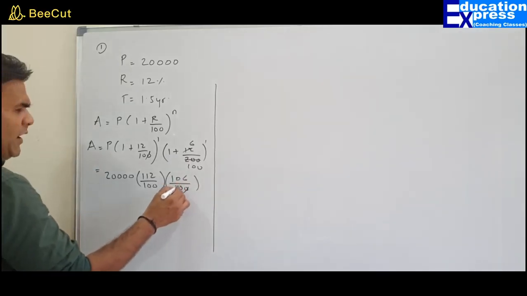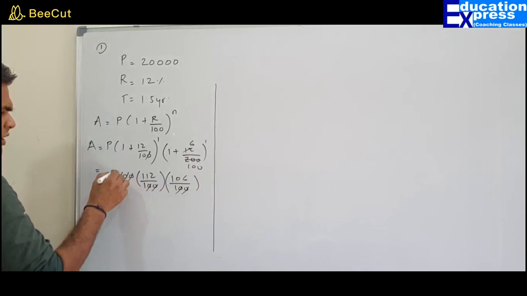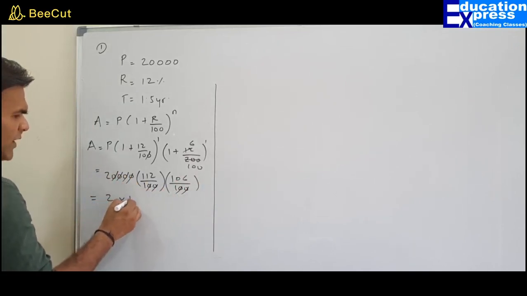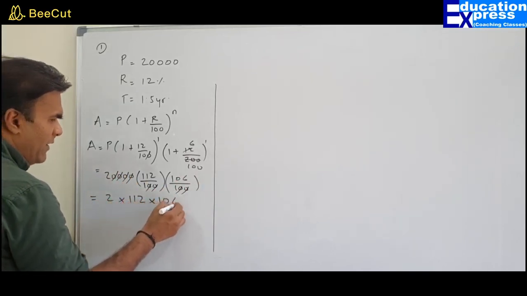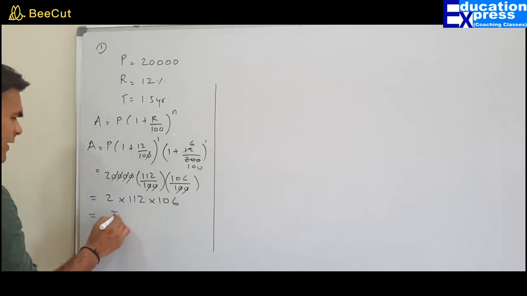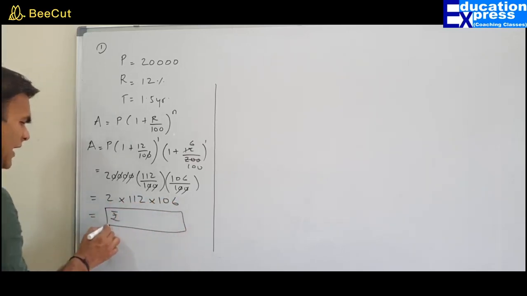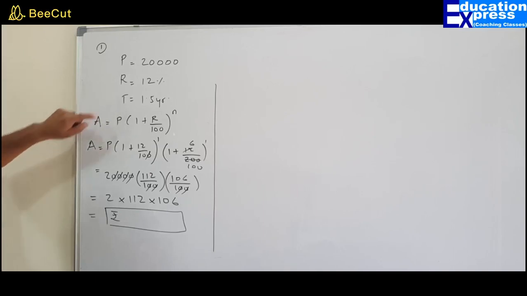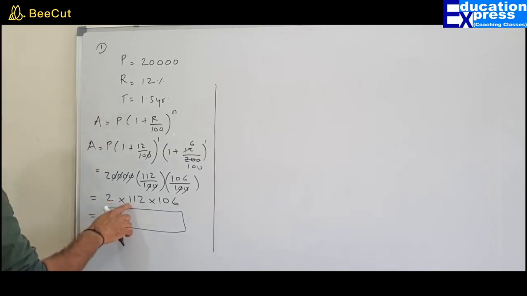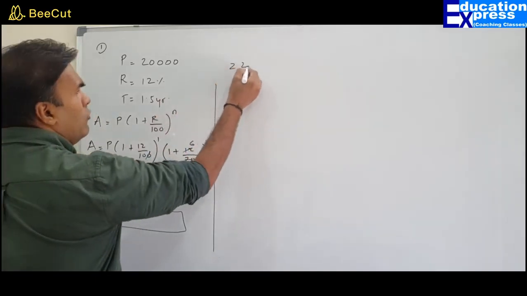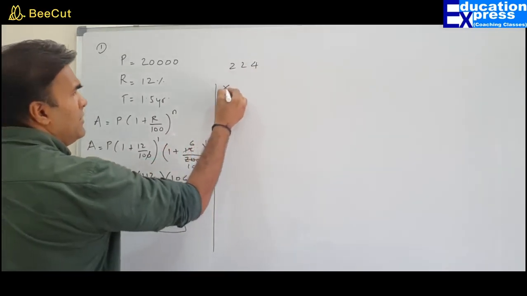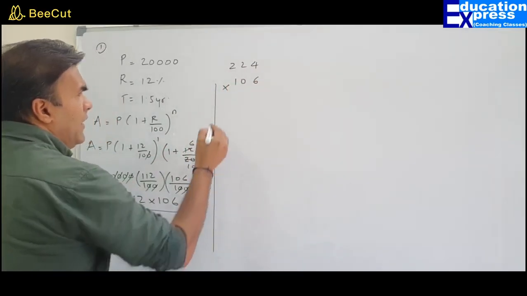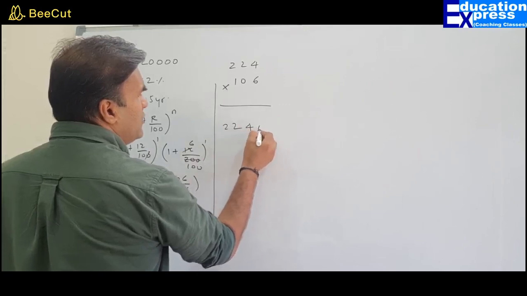On doing further, we get 2 multiplied by 112 multiplied by 106. So what would be the amount at the end of 1.5 year? 112 into 2, that means 224. 224 into 106.